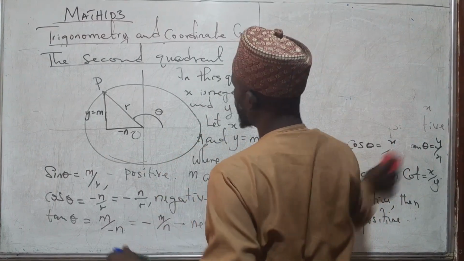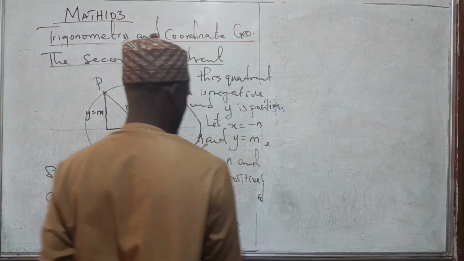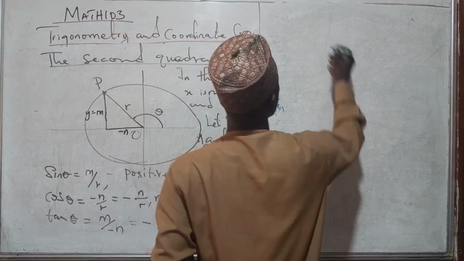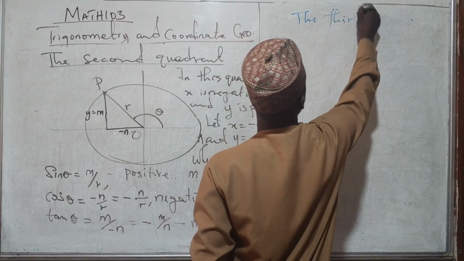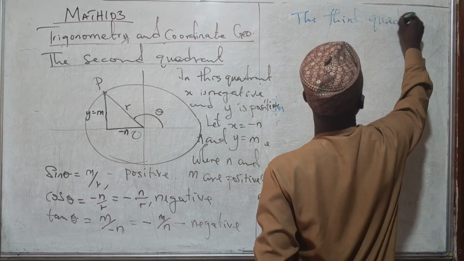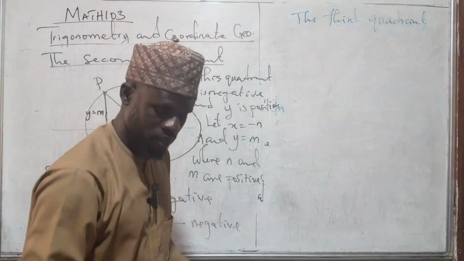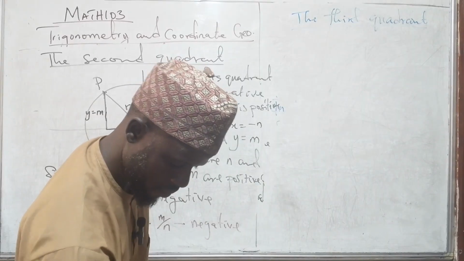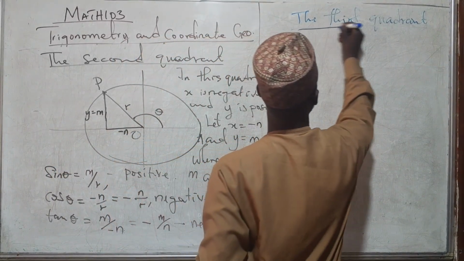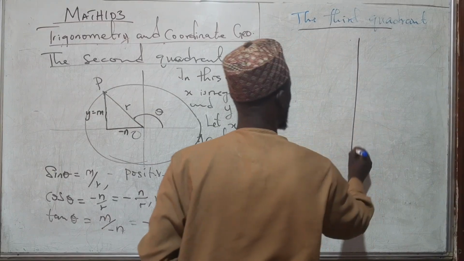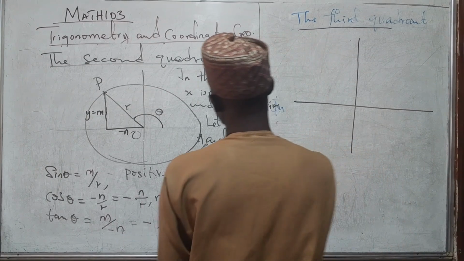All right. So let's go to the angle in the third quadrant. Now for theta in the third quadrant, we have the xy plane as usual.